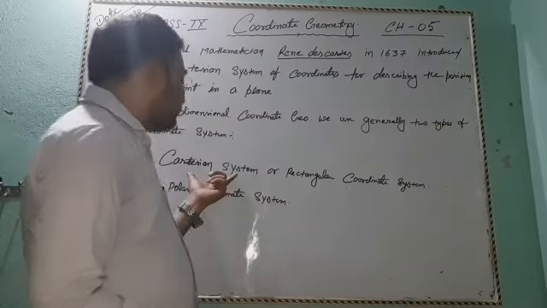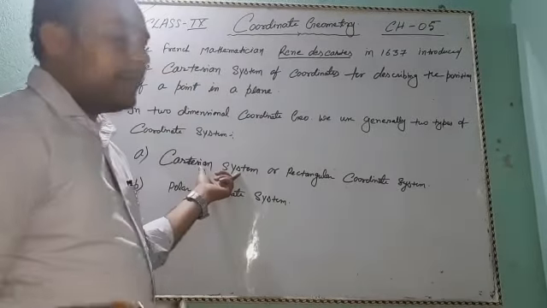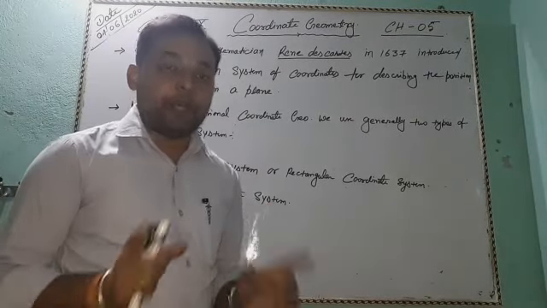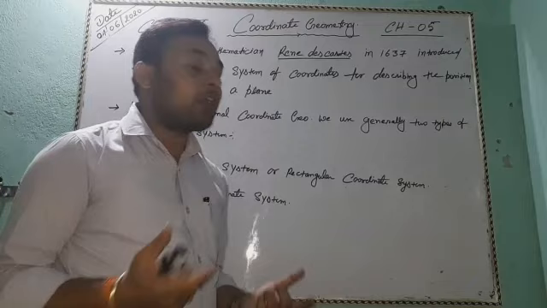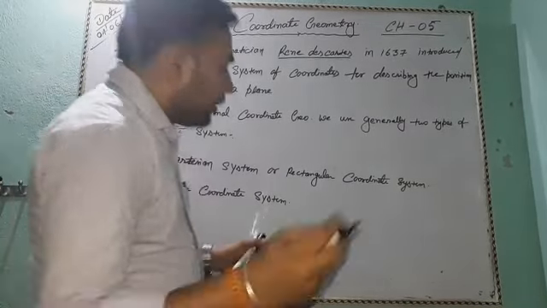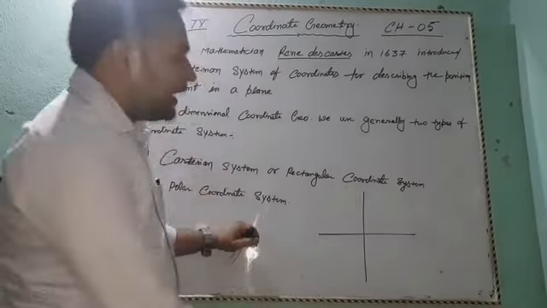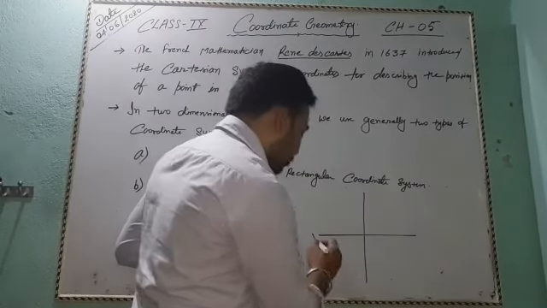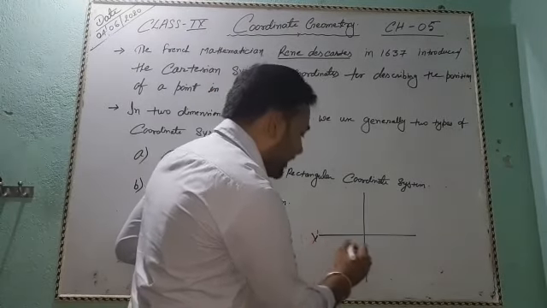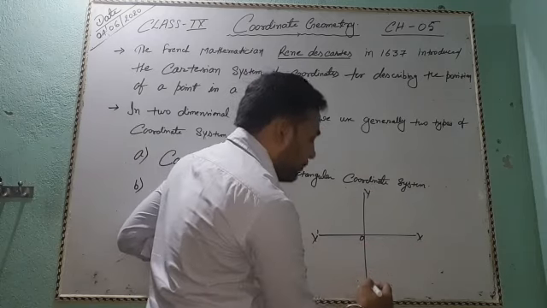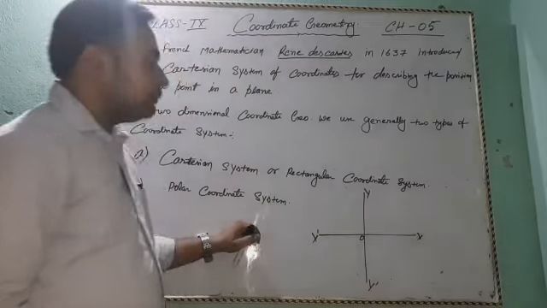In the Cartesian system we represent any point by an ordered pair. What do we mean by ordered pair? We draw the x-axis and y-axis, so X'OX and YOY'.